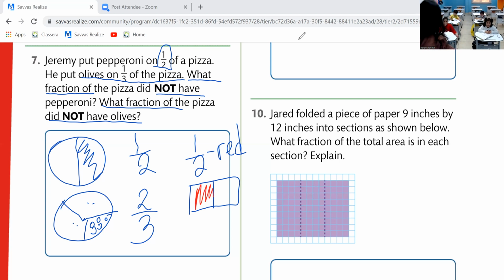The question is, what fraction is not red? 1 out of 2 is not red. Write this also, where you have space. This is another example for you.